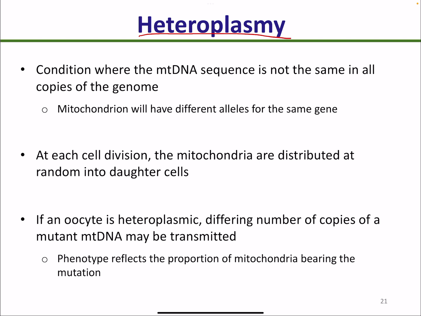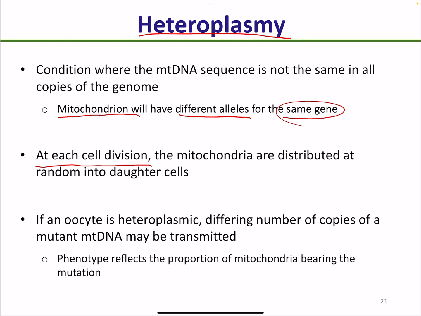right? So mitochondrial DNA are going to exhibit different alleles for the same gene in the same cell, right? At each cell division, because of cytokinesis, there is no prediction whatsoever as to how the distribution of mitochondria is going to occur.